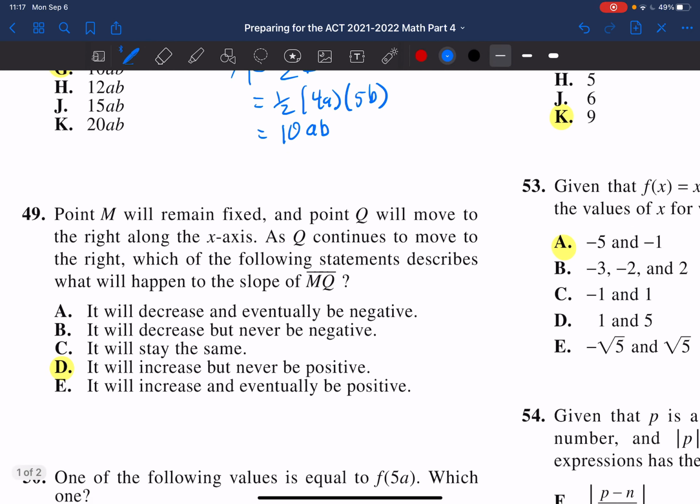Number 49, it says point M will remain fixed and Q will move to the right along the x-axis. As Q continues to move, which of the following statements best describes what will happen to the slope of MQ?